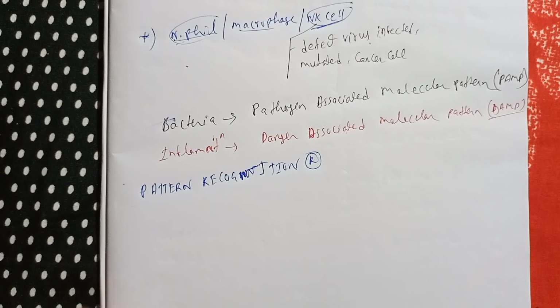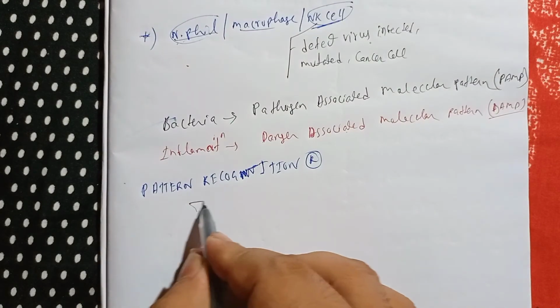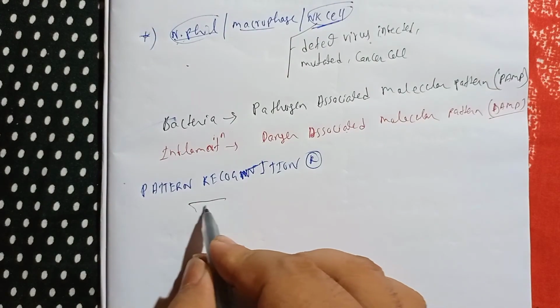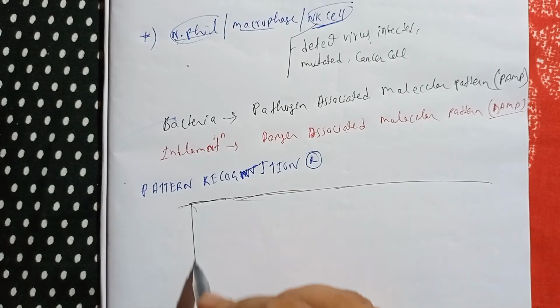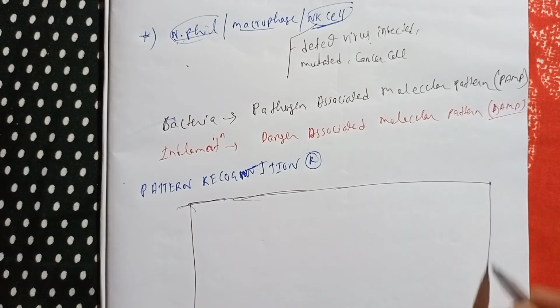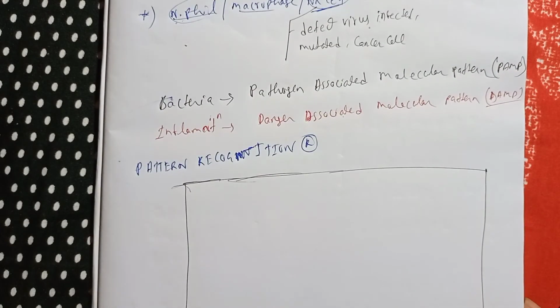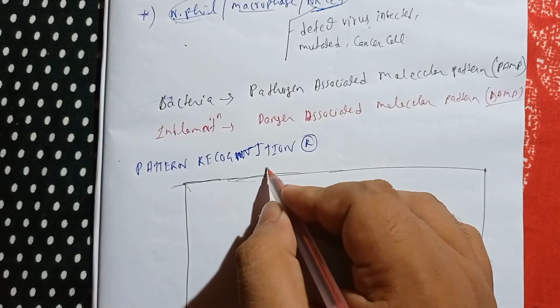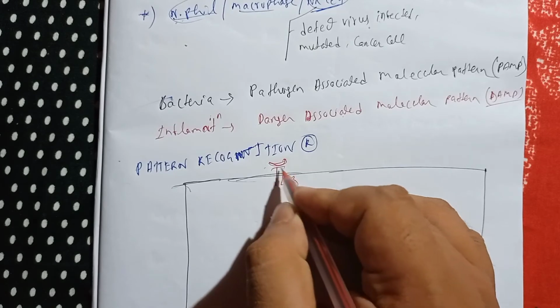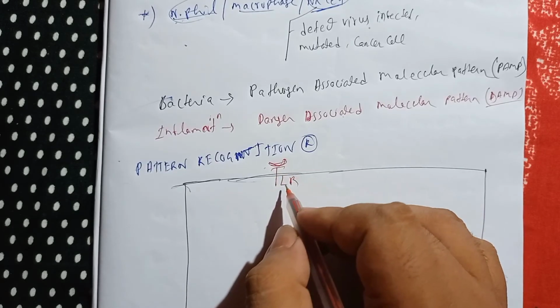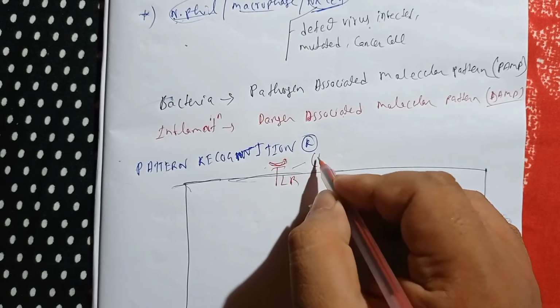Now we'll have a diagram base. Okay guys, now the receptors are like these. We do have a receptor called the toll-like receptor.